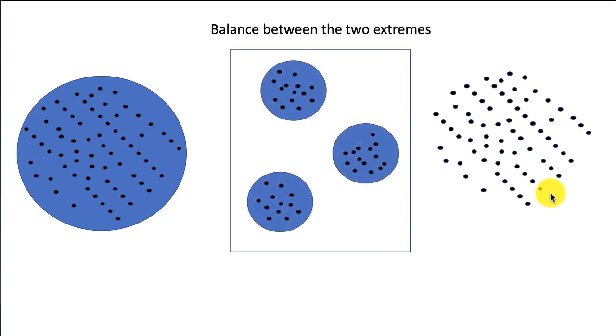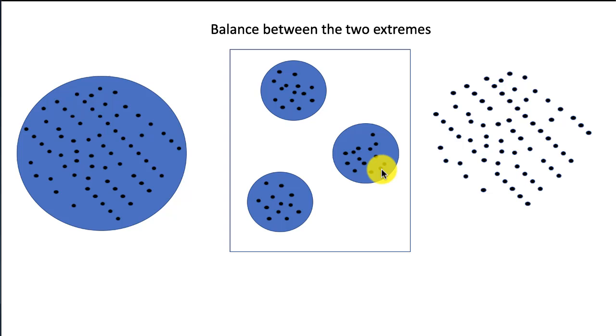Therefore, what we are looking for is the middle ground, right? We are saying, okay, I will take a few clusters, I'll put many customers or many objects into each cluster. Among themselves, these are all very similar, but across the clusters, there is discernible difference, right? So you're retaining some amount of variety by recognizing the fact that the clusters are indeed different.